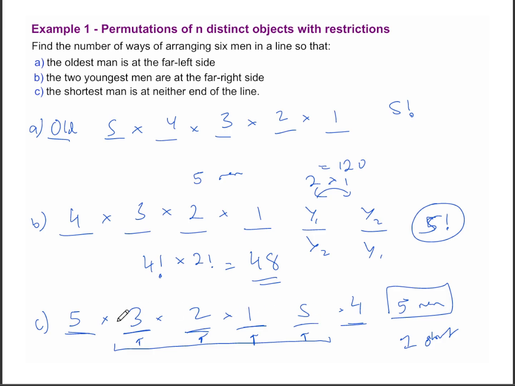But he can sit in 4 other places. So there are going to be 4 other options where the short guy will be sitting here, and sitting here, which means we will take that 5 factorial, multiplied by 4, because we just have 5 times 4 times 3 times 2 times 1 arranging the 5 men. And that last guy can be in 4 different seats. So we'll multiply that entire thing by 4. And we get 480 different ways of arranging for C.